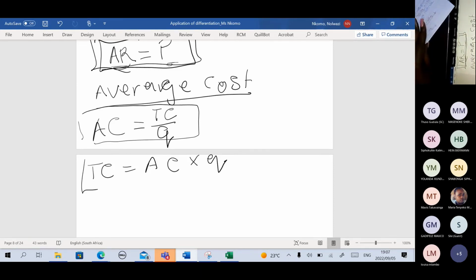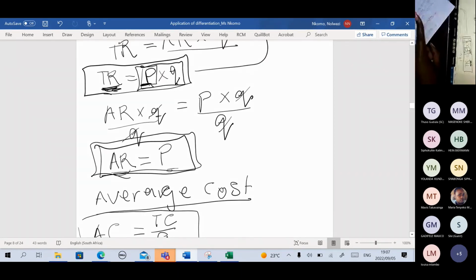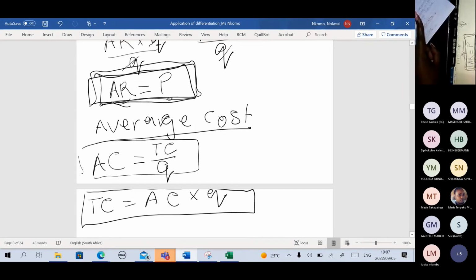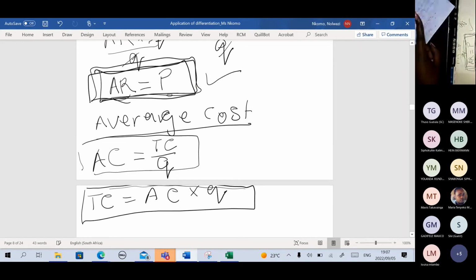So this means we can use this formula to find the total cost too. We have this formula to find the average cost, and we have this formula to find the total cost. Oh, this one is the average revenue, and this is the average cost, right?